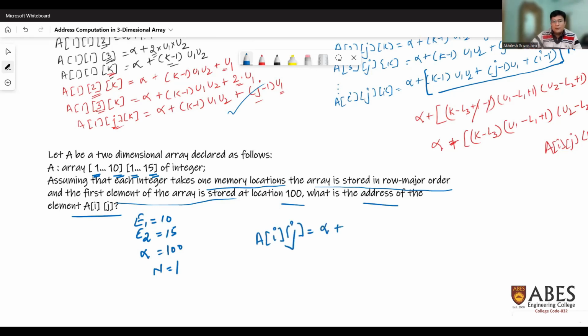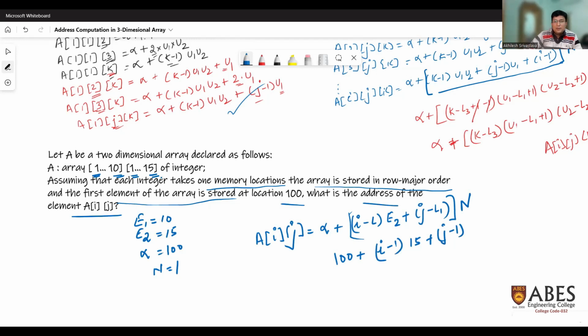So this will be equal to alpha plus I minus lower bound multiplied with the second dimension plus J minus lower bound, and the entire quantity multiplied with N, or the number of bytes. So 100 is the base address. I minus lower bound is I minus 1. This multiplied with E2, and E2 is 15, plus J minus lower bound, it means J minus 1.